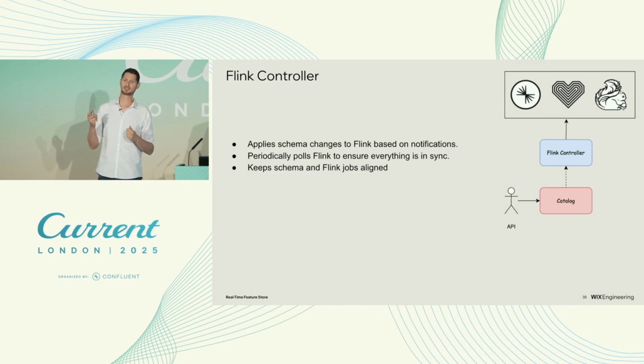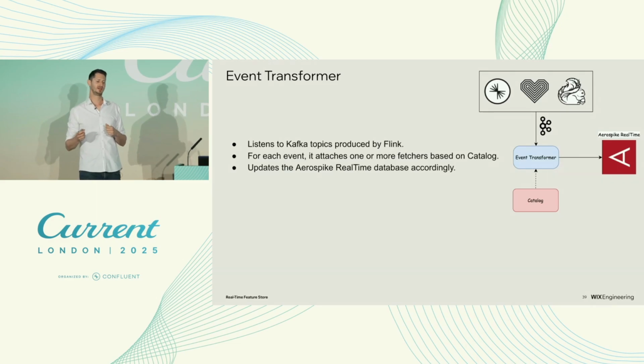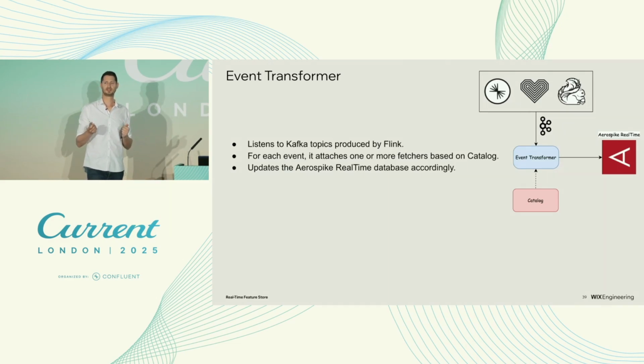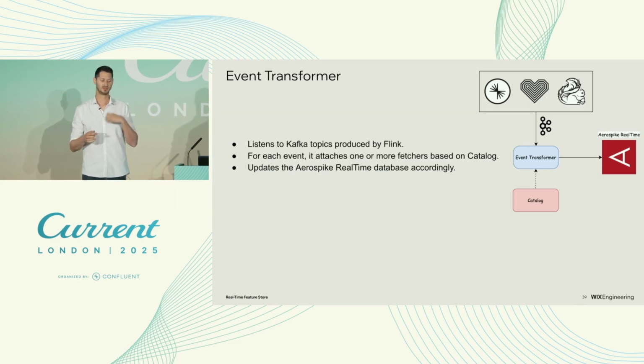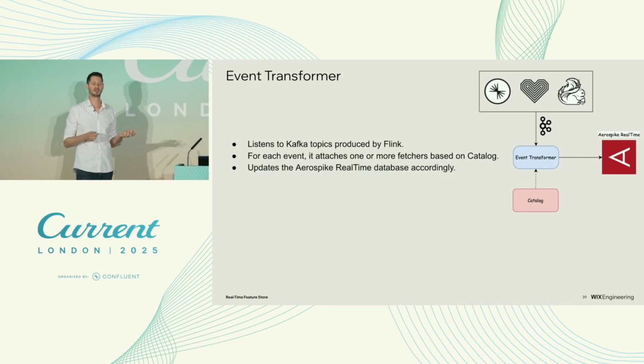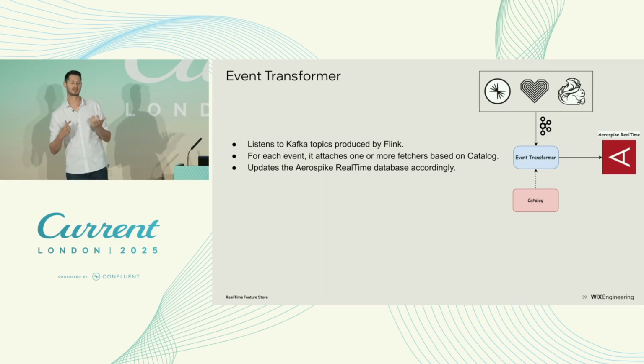After Flink gets a statement, filters the data, and produces the filter event to the filter topic, the event transformer consumes the filter events and also notifications from the catalog and does what we call the match. It is our matcher.